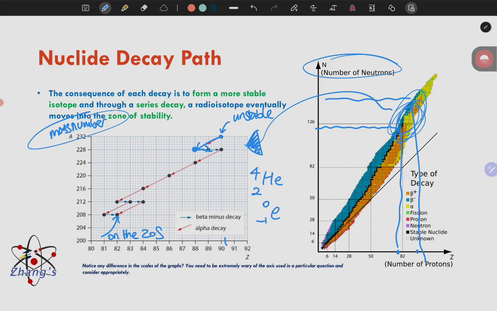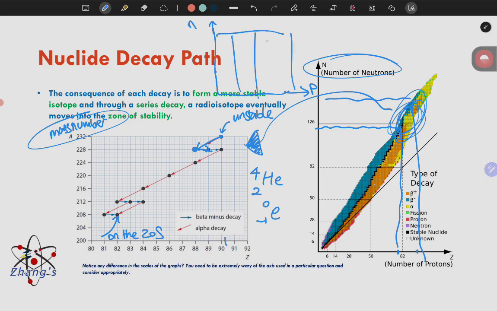But sometimes what you'll find is maybe the axis is changed. So what if we decide all of a sudden that the axis is now, say for example, I'll just draw a 9 grid box just in case. And what if now your axis is protons and neutrons? Actually, instead of 3 boxes, we'll draw 4 boxes.